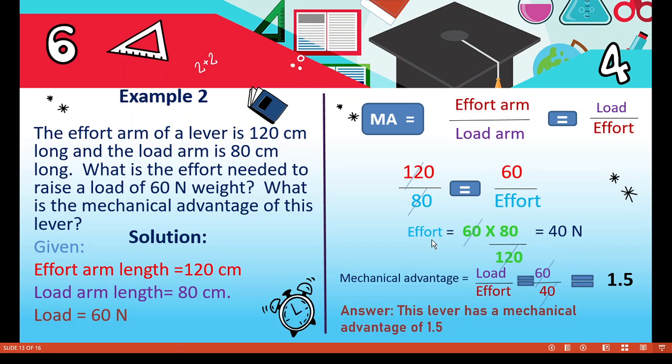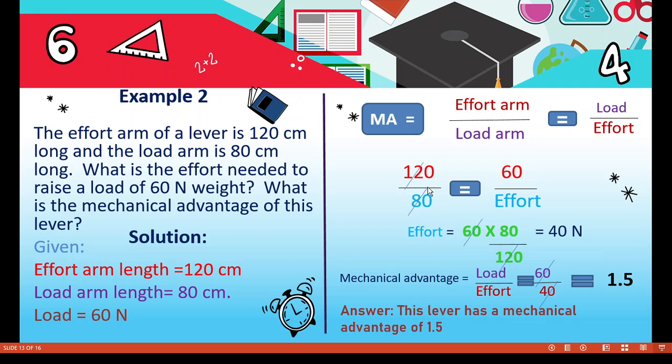Now we are supposed to calculate the effort. So effort should be on one side of the equation. So what you should do is, effort can be taken to the left hand side, and on the right hand side we have 60. When this 120 by 80 goes to the right hand side, what happens?